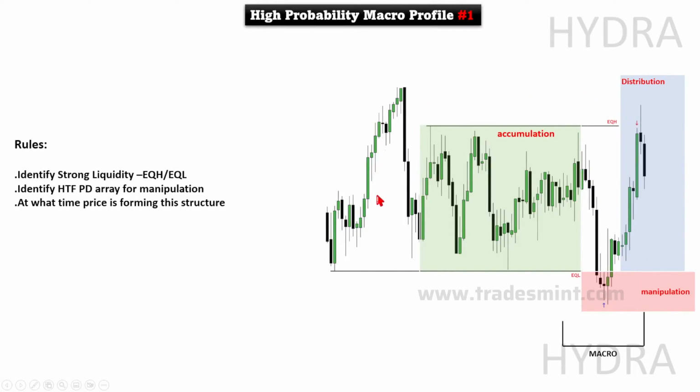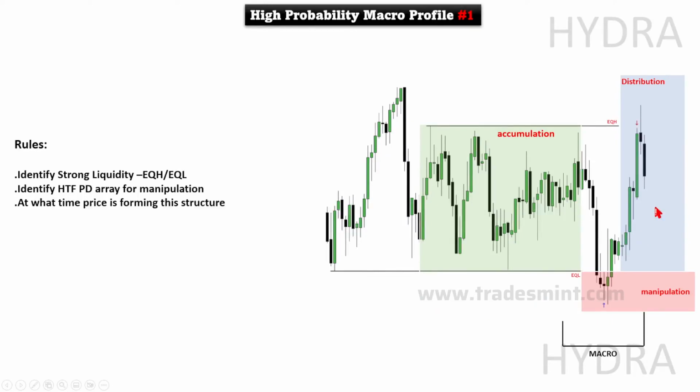Okay, specific macros. There are other profiles that I'm about to share with you all, but this is one of the highest probability scenarios, and the good thing is this requires no bias, so you don't have to hold any bias from the higher time frame. The only higher time frame you are looking at when price is forming this structure is 5-minute and 15-minute.